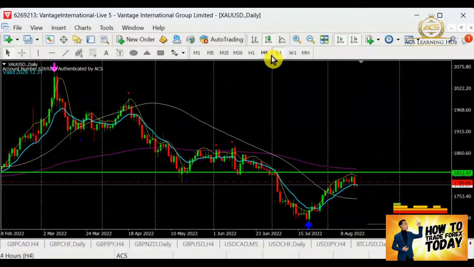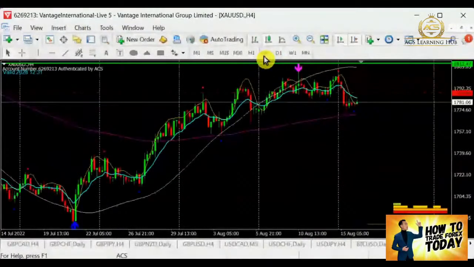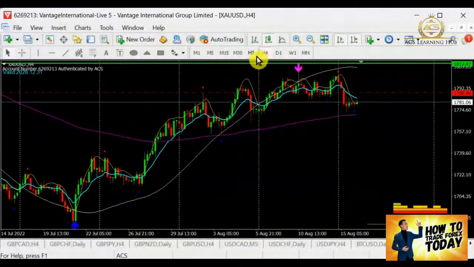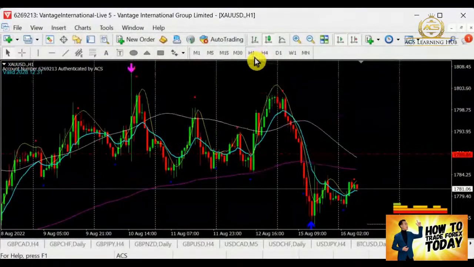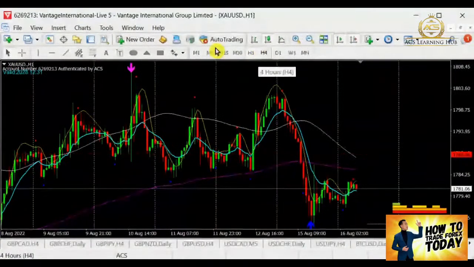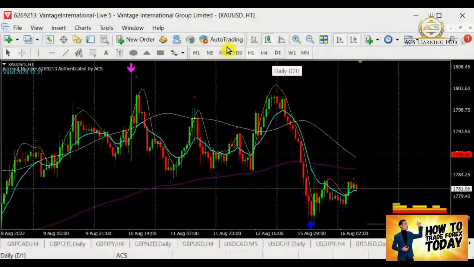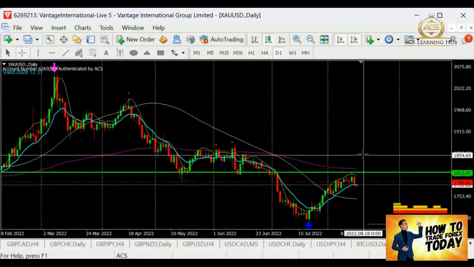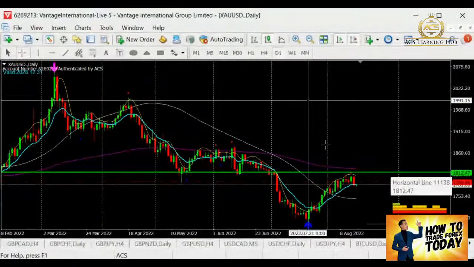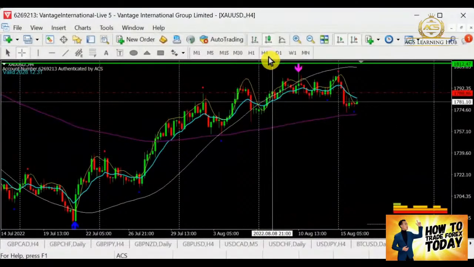The gold trading is still on this side, and it seems like it is still from the 1788. So today I will be looking at the buy more than the selling. So for a buy, I'm looking at 1788 for now, until 1812.